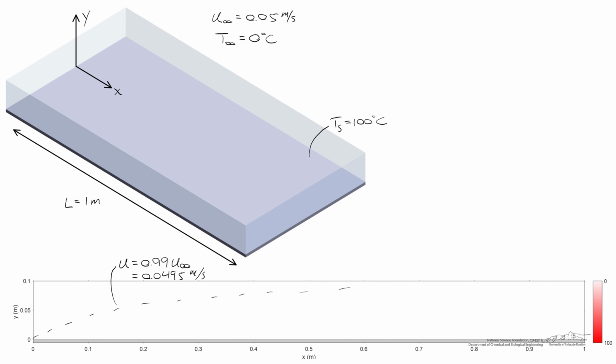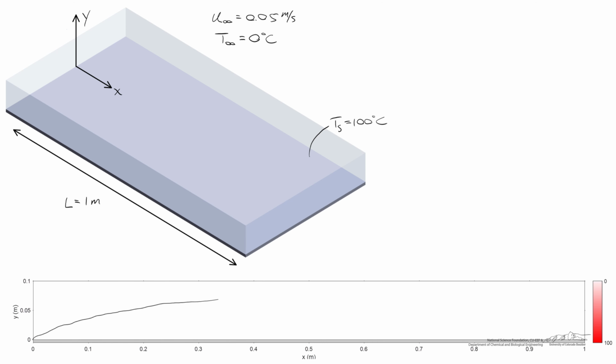So when you see these dashed lines, just know that the horizontal component of velocity is equal to 0.0495 meters per second. The thickness of the momentum boundary layer we'll denote with the lowercase delta, and that's a function of x. So we'll find that the thickness of the momentum boundary layer at the leading edge of the plate is much smaller than the thickness of the momentum boundary layer downstream.